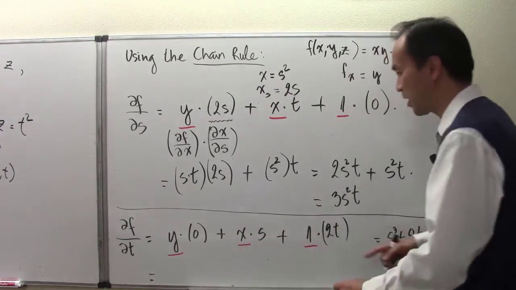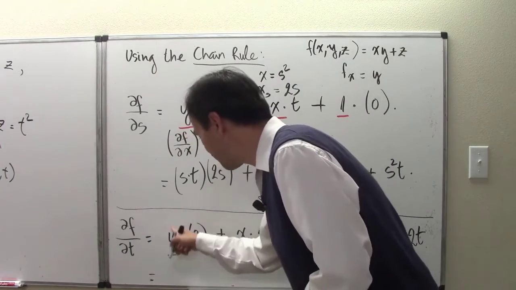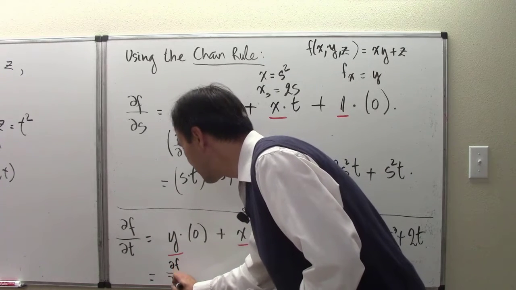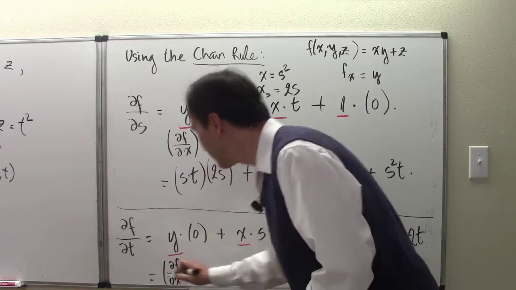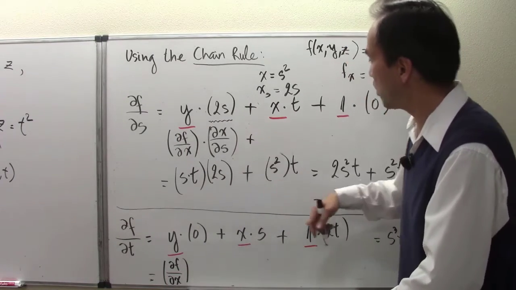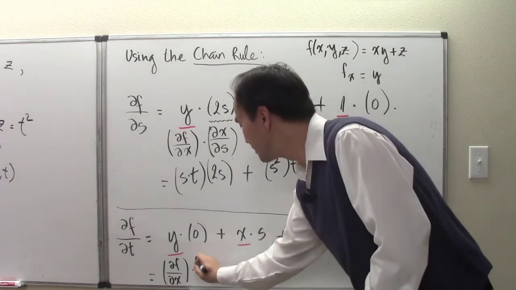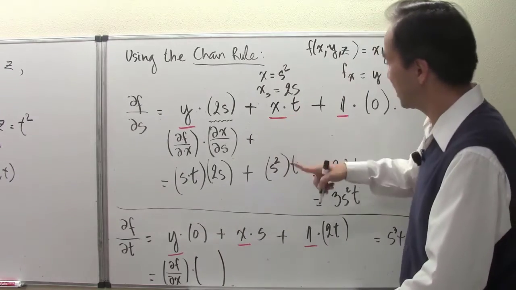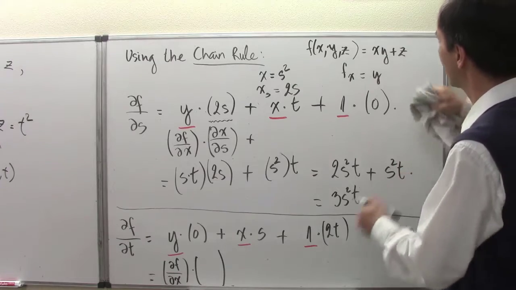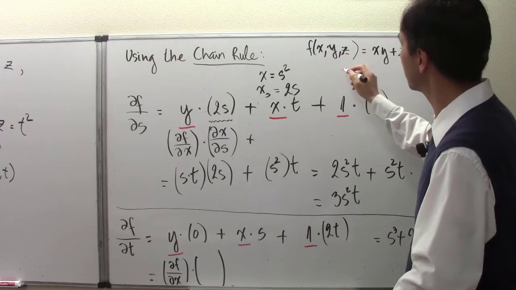But I want to point out now, the underlined factor in this first product, y, is really df dx. Okay, and now in my next one, this x that I underlined with red ink, I recognize as f_y.